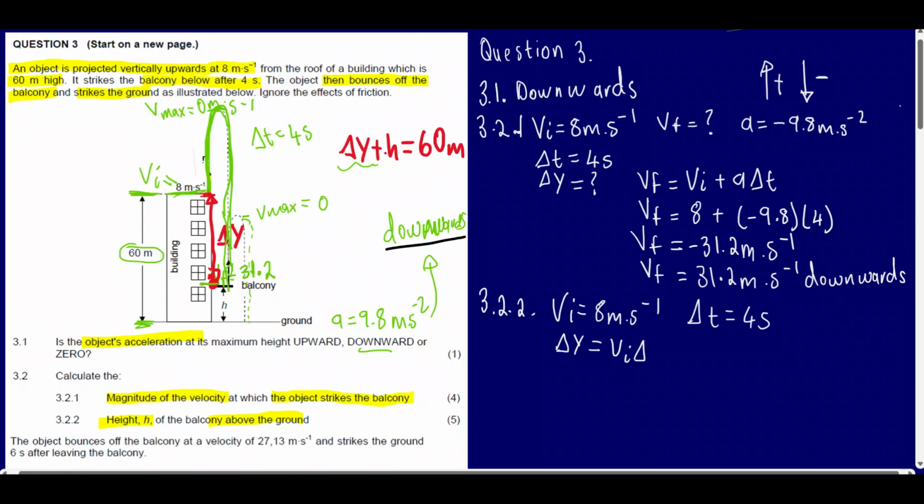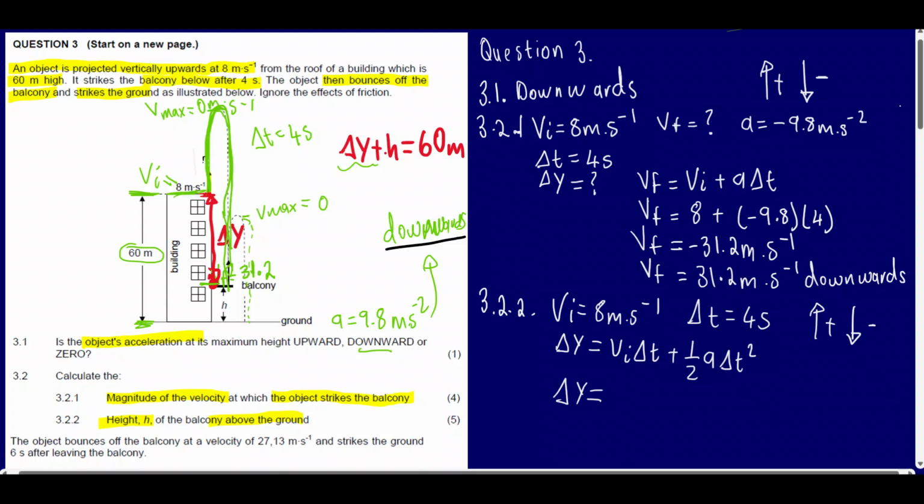So now we can find the delta y. The delta y is going to be vi delta t plus half a delta t squared. We can make use of this formula to calculate the delta y.